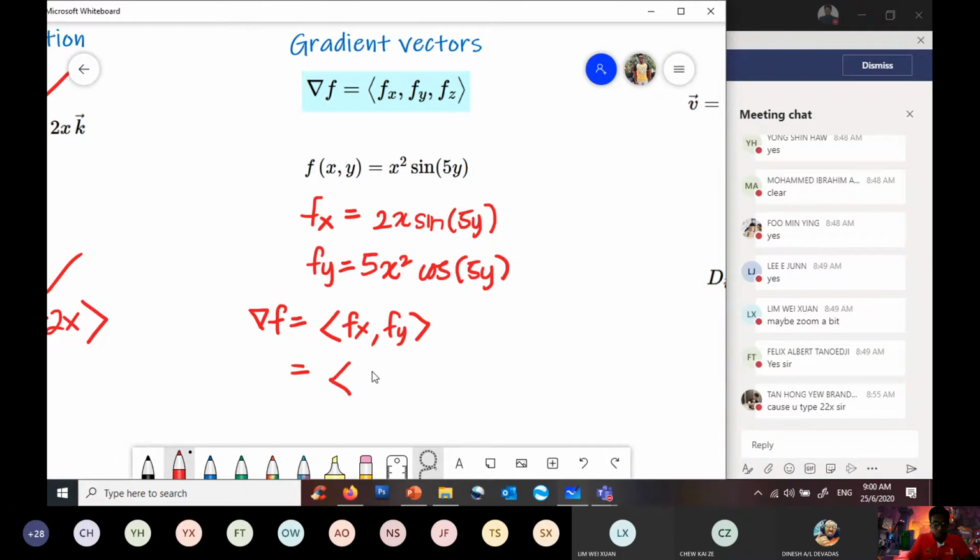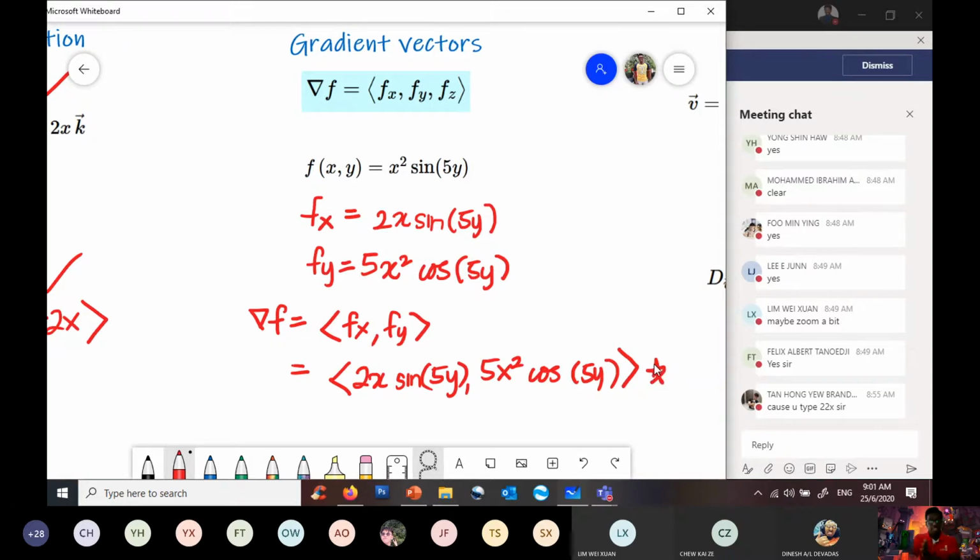So the final answer would be something like this: 2x sine 5y, 5x squared cos 5y. So this is your gradient vector. When you combine both of the components, it becomes a vector.